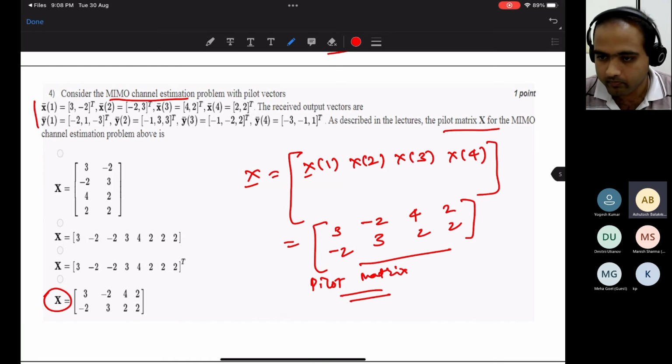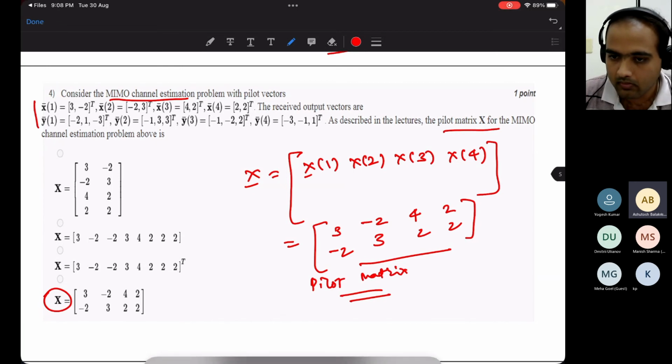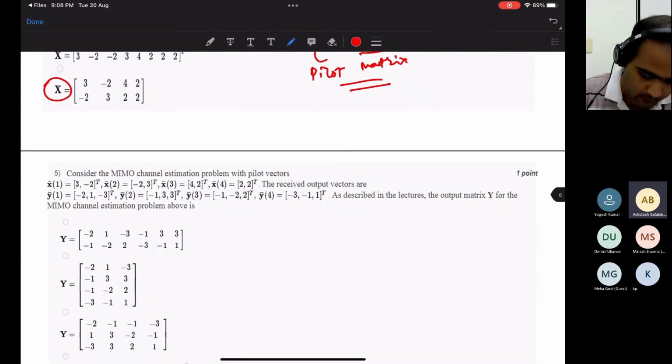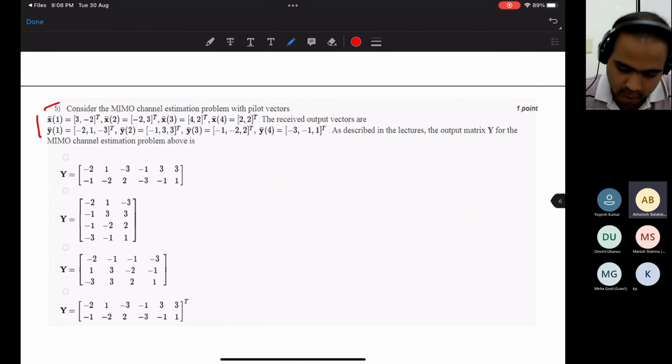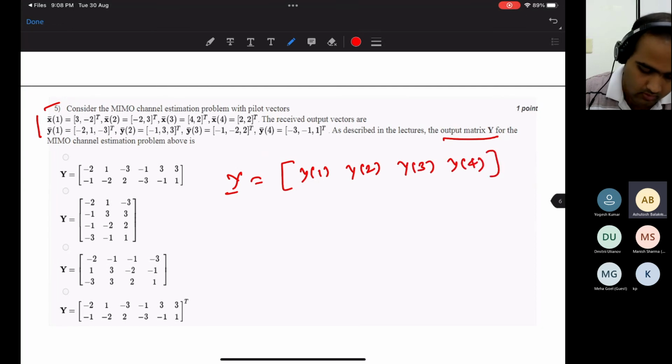Any doubts? Right. Question 5. We have the same problem as in the previous, and what will be the output matrix is what I have asked. So again, Y will be Y1, Y2, Y3, Y4.